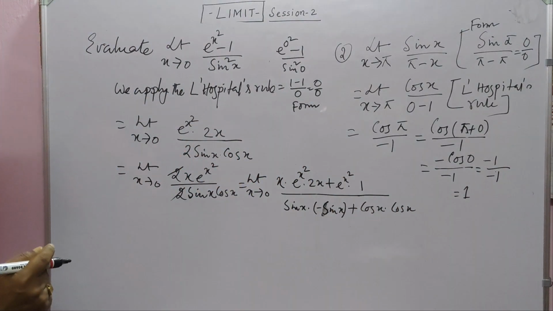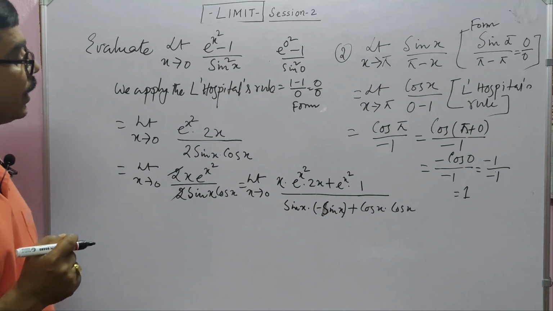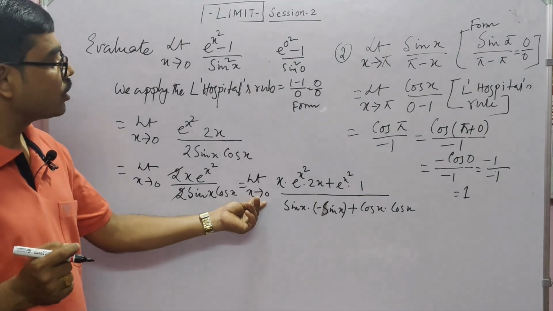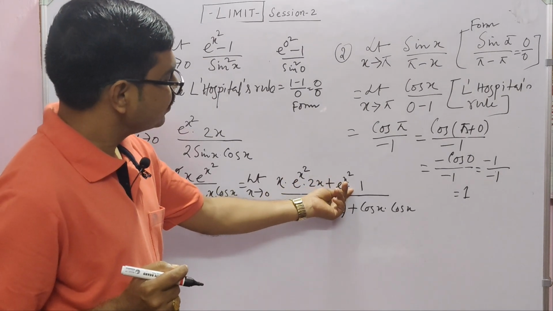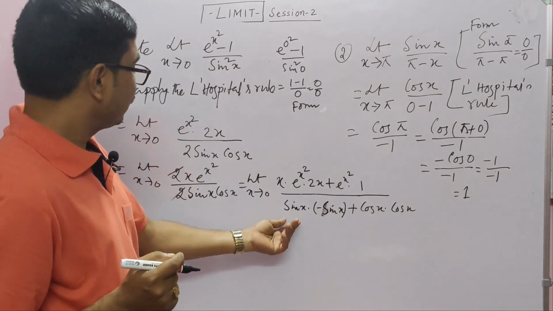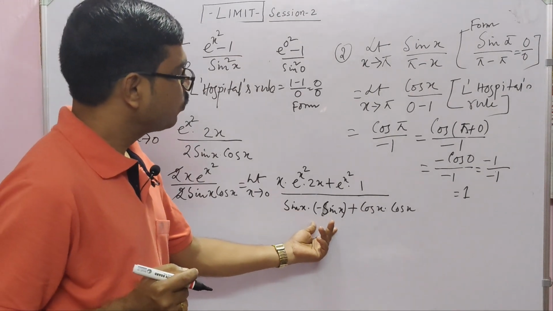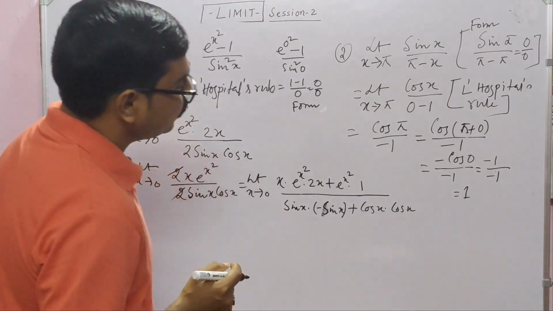Now we put x tends to 0 again: e to the power 0 means 1, and sin 0 equals 0 but cos 0 equals 1.